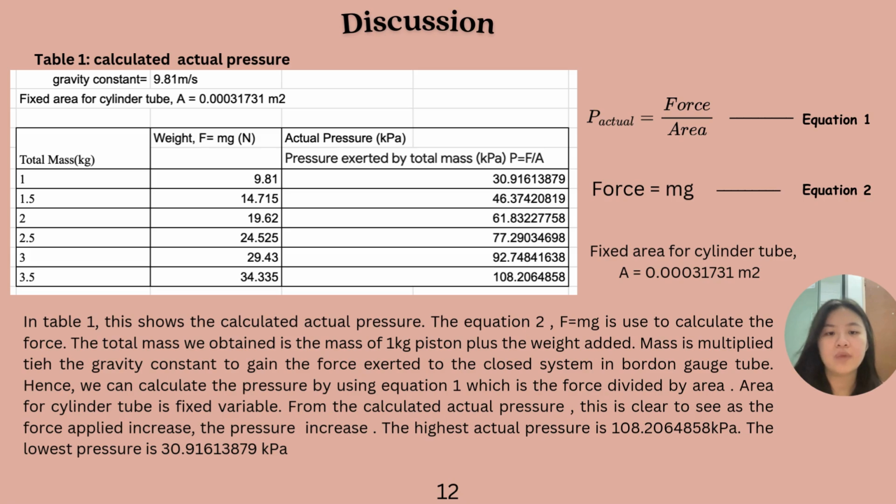The area is fixed in this case for the cylinder tube, which is 0.0031731. So we get the actual pressure, and we can see that the more the weight increases, the higher the pressure. The highest pressure we get is 108 kilopascal, whereas the lowest pressure is 30.9.